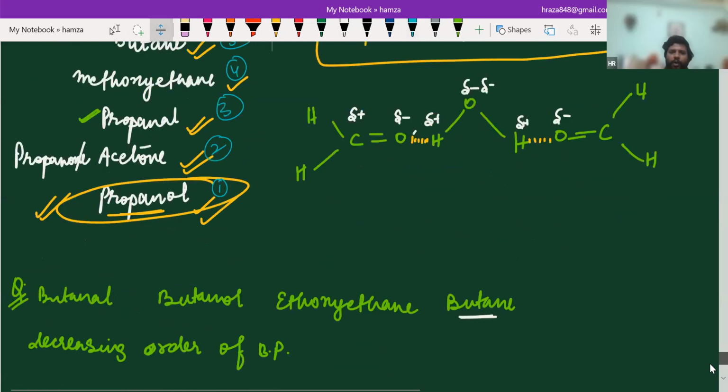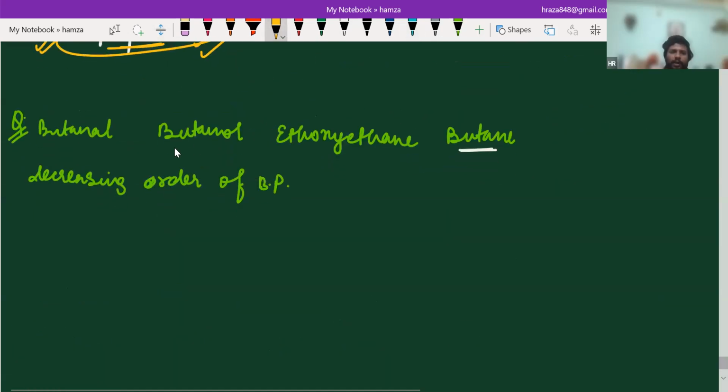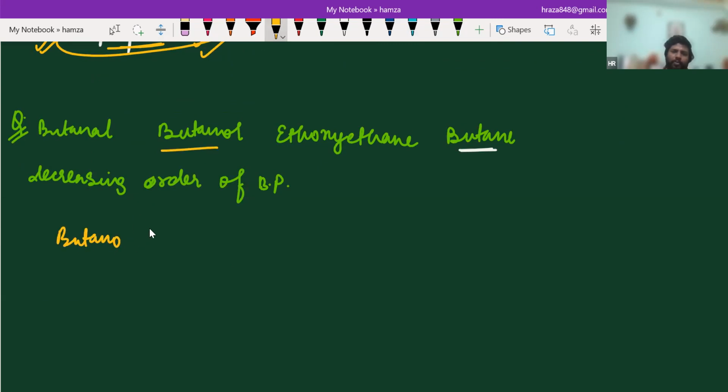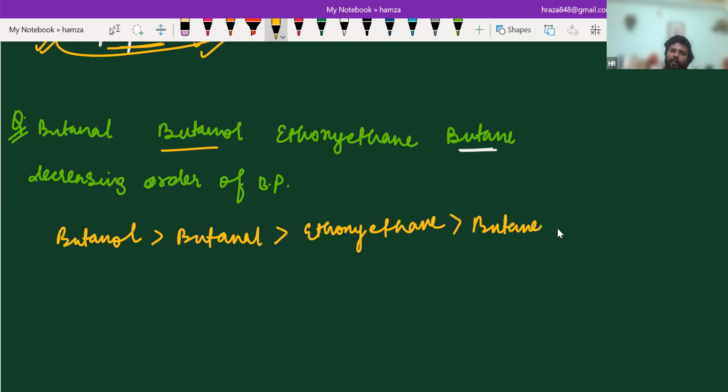Hydrocarbon will have the least boiling point. So in this way, you can see butanol will have the highest boiling point. After that butanal comes, because there is no ketone, and then ethoxyethane comes, and then your butane comes. That means the hydrocarbon alkane has the lowest boiling point among these.